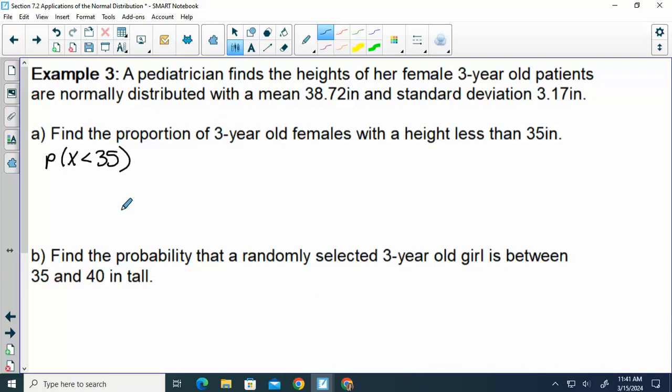We need the z-score. Okay, how do we find a z? X minus mu, so our value minus the mean, divided by the standard deviation. We want to go to 2 decimal places for this, because that's what our table allows.